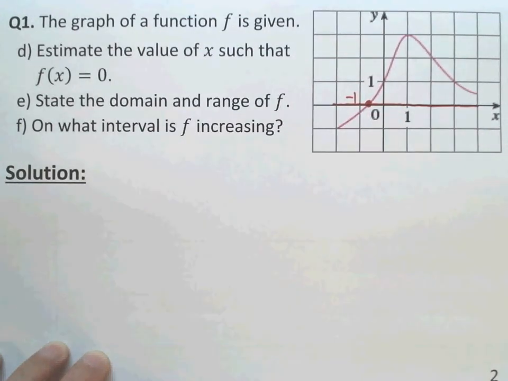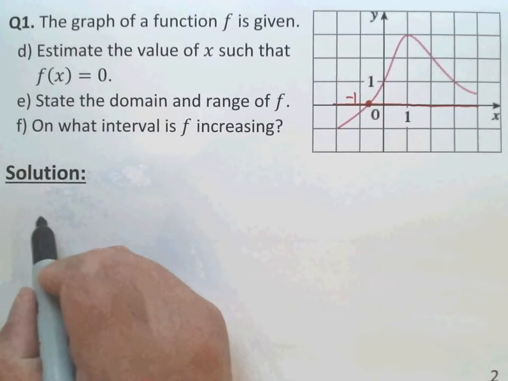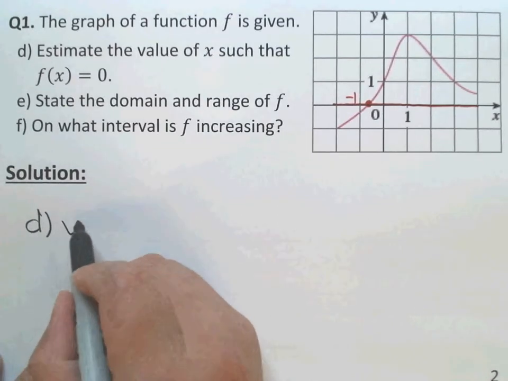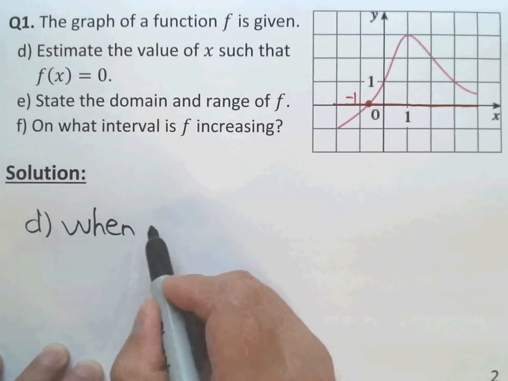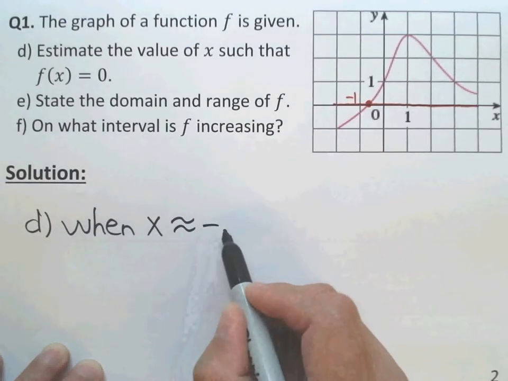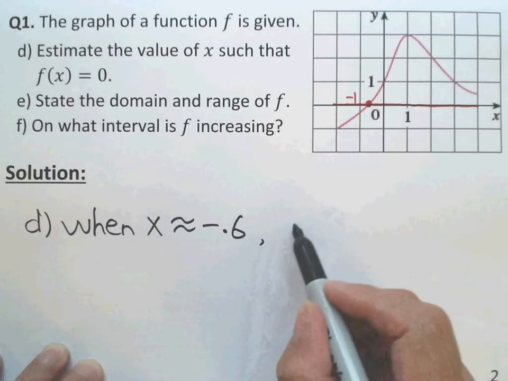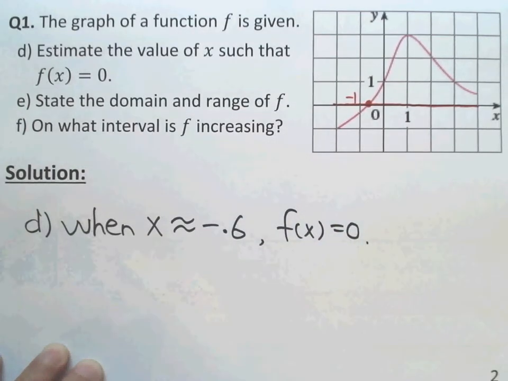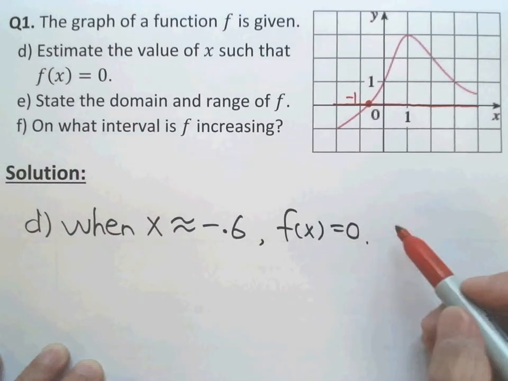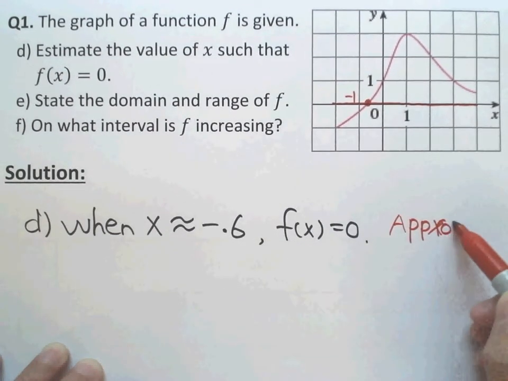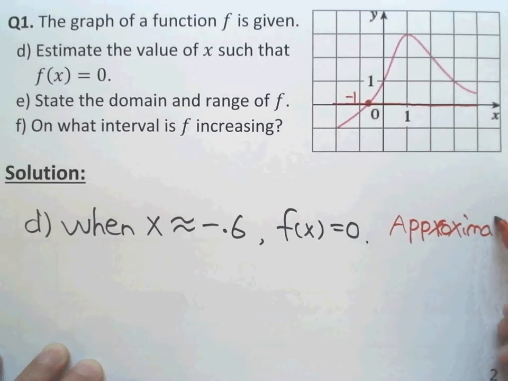So for question D, I say when x is approximately -0.6, the function f(x) equals 0. We don't have the exact value, we only do approximation.